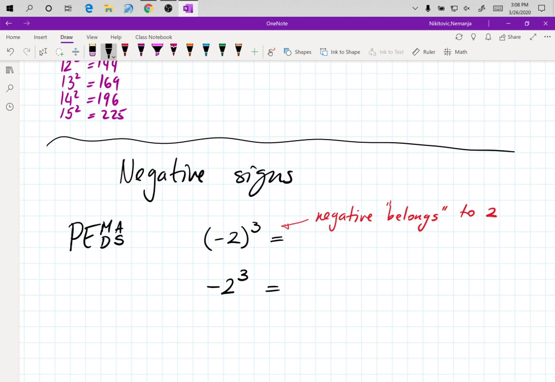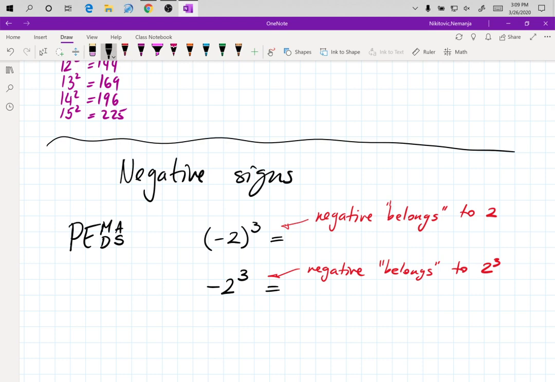Now, in the bottom case, the negative belongs to 2 cubed. It's a big difference.